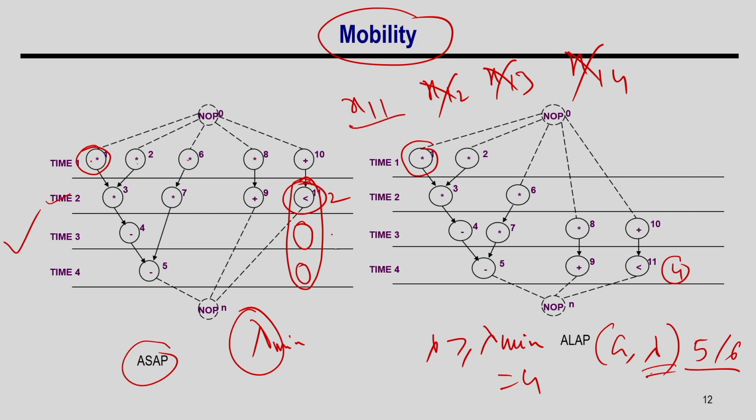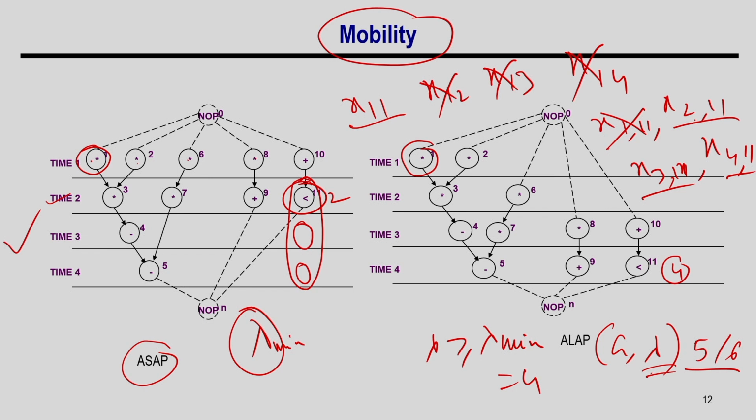But for this variable 11, the possible variables are x1 11, x2 11, x3 11 and x4 11, meaning this operation 11 can be scheduled in time stamp 1, 2, 3 or 4. Here I can see that this operation cannot be scheduled in time stamp 1, so that is not a valid variable, but these 3 are possible, so I am going to take them.